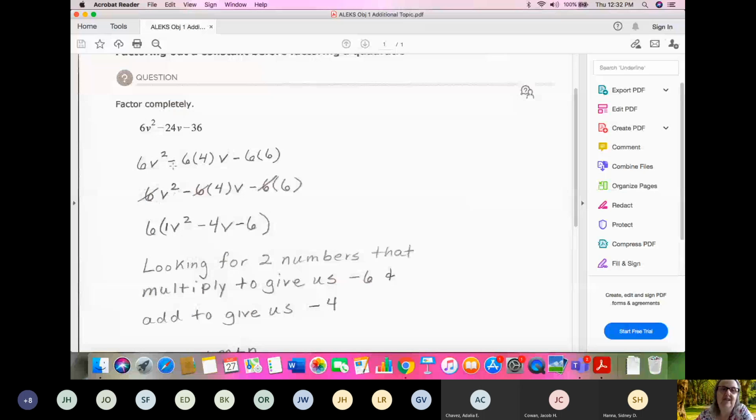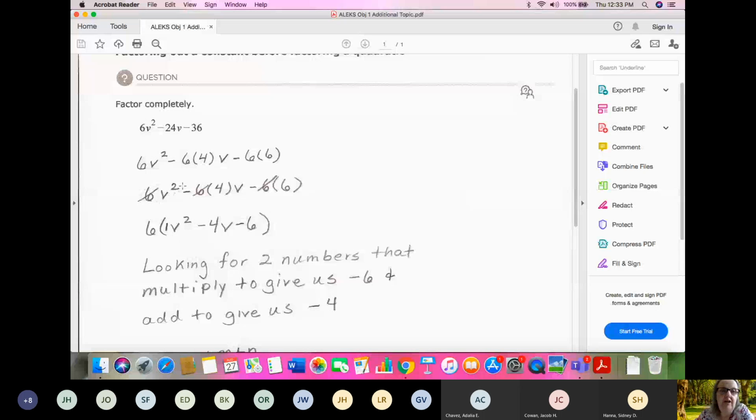So it's adding a negative. The next term is minus 6 times 4 times v. The last term is minus 6 times 6. So I could factor a 6 out of each one of these. And that's what I want to do. I wanted to keep this so you could see it, so I just copied that over again.